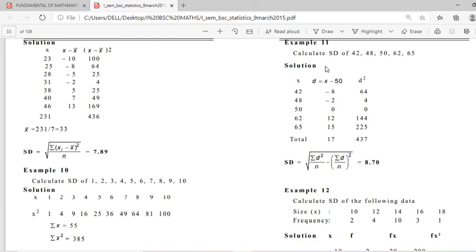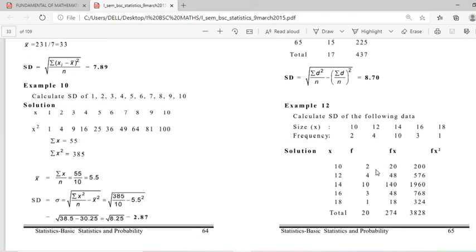So this is another example. Calculate the standard deviation of 42, 48, 50, 62, 65. The x values are given here and the d values are given here. So the d square values are 64, 4, 0, 144, 225. The total is 437. So the standard deviation is the root of summation d square by n minus the square of summation d by n, which equals 8.7.